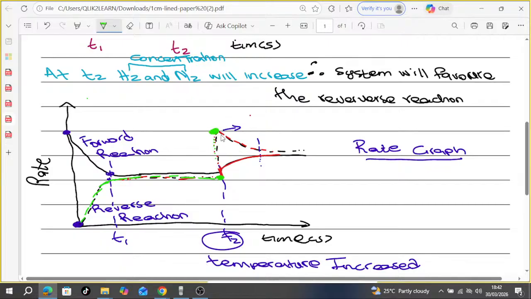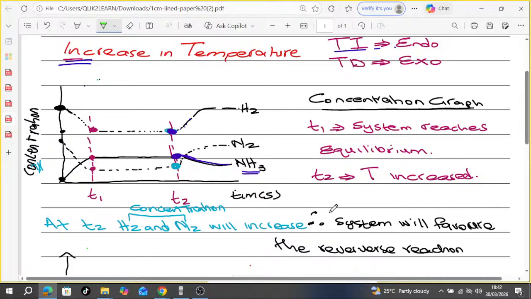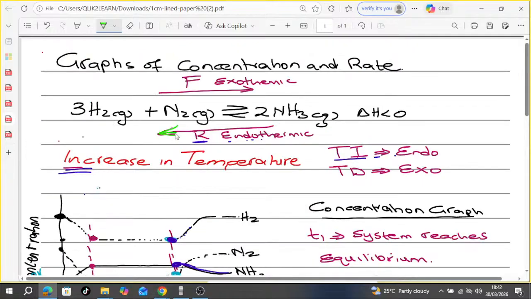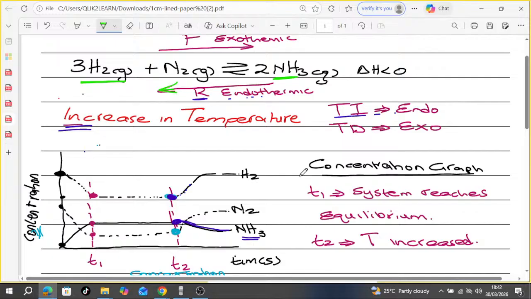Why? Because now we are using the products to create more reactants. The products are the ones that are decreasing. Look at this arrow. If the arrow is pointing in that direction, it tells you that the products reduce so that we can create more of the reactants. While the reactants are increasing, the products are decreasing.